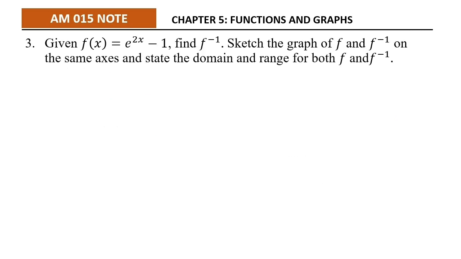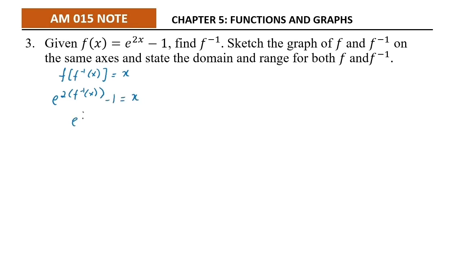Given f of x equal to e to the power of 2x minus 1, find f inverse. Sketch the graph of f and f inverse on the same axis and state the domain and range for both. So we need to find f inverse. f of f inverse equal to x. f is e to the power of 2 f inverse of x, minus 1 equal to x.